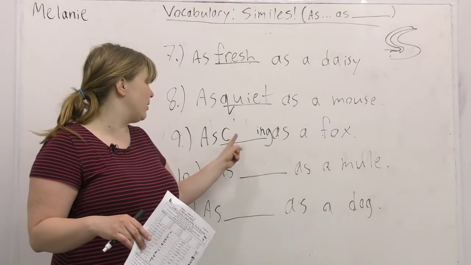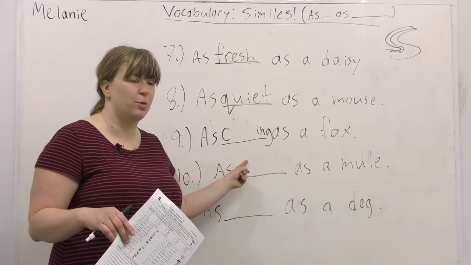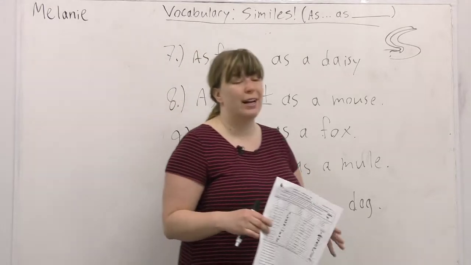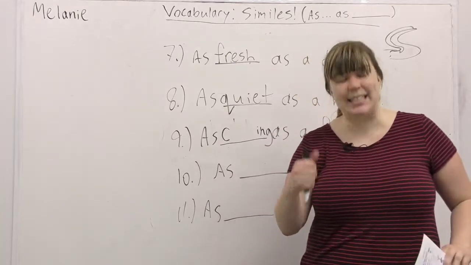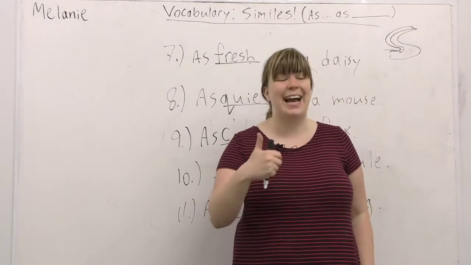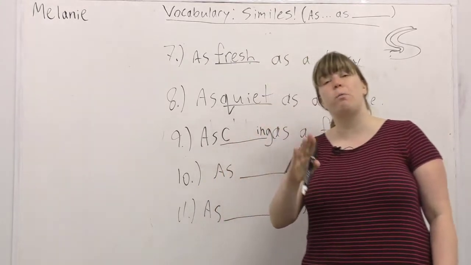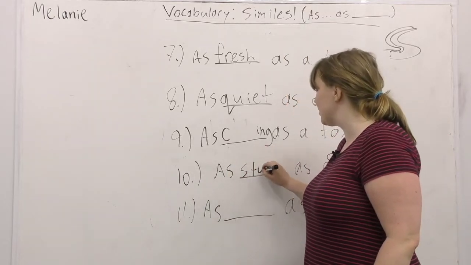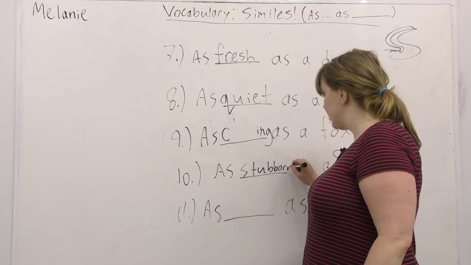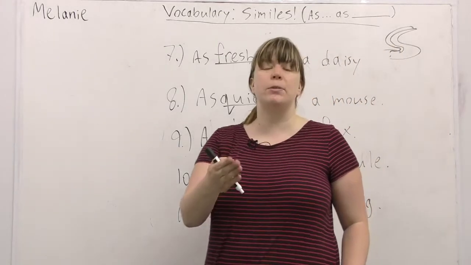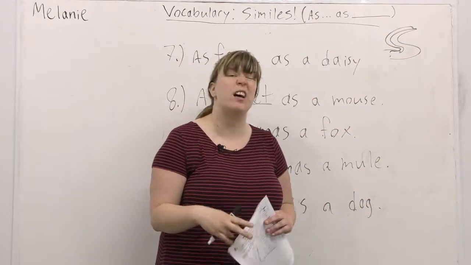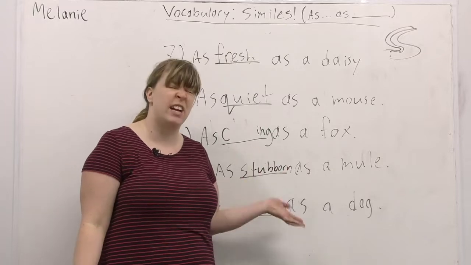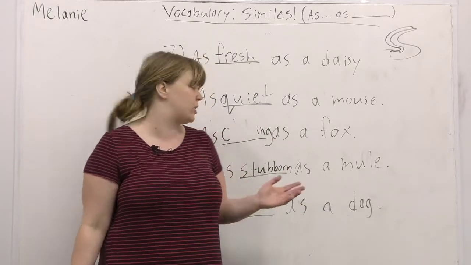Obstinate. Oh, was that for the fox or for the mule? I think it was for the mule. Obstinate, it's good. Technically that is correct, but the word I'm looking for is stubborn. But if you say obstinate, that is okay too, because obstinate and stubborn are very similar words.